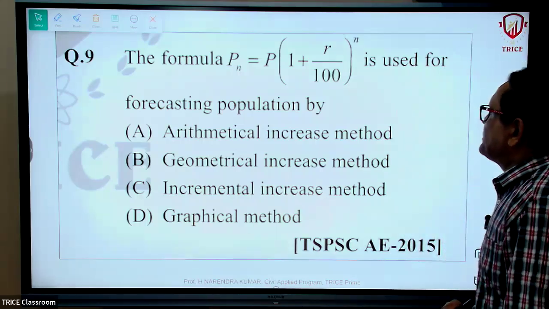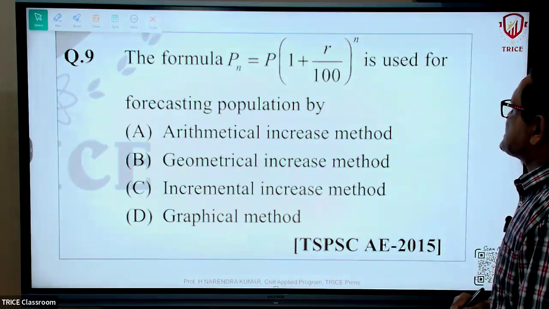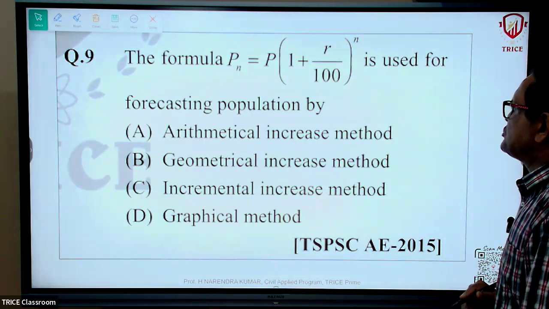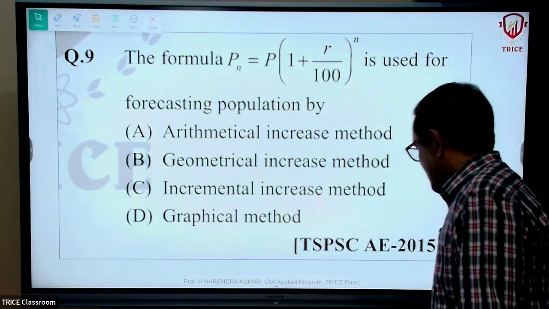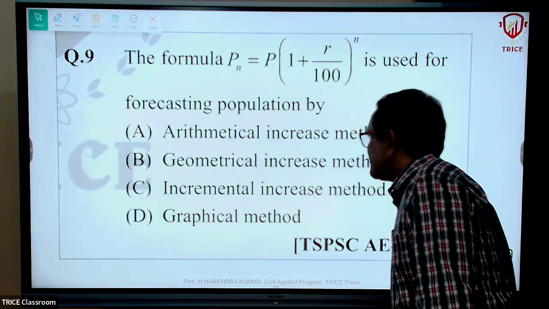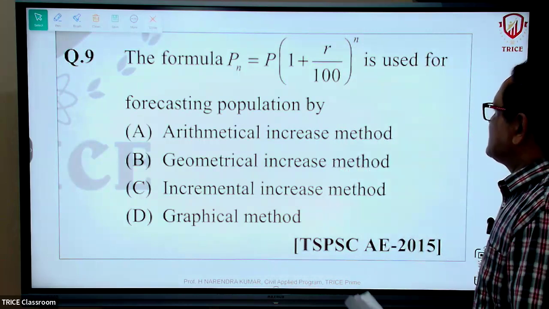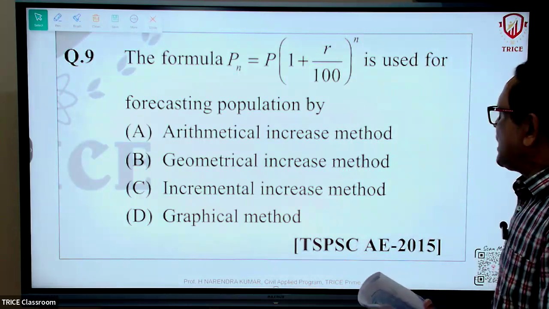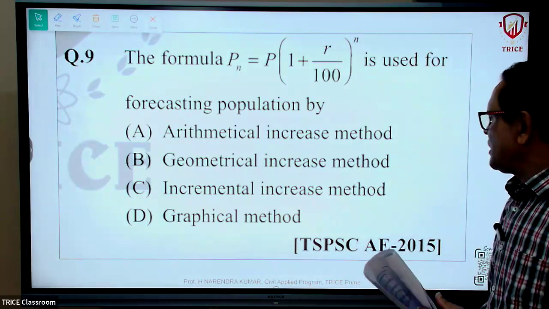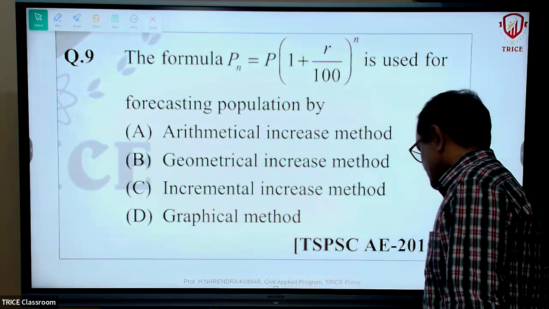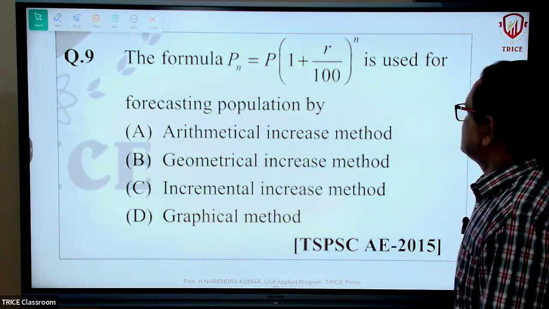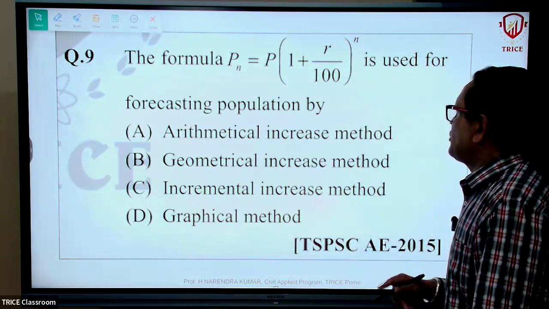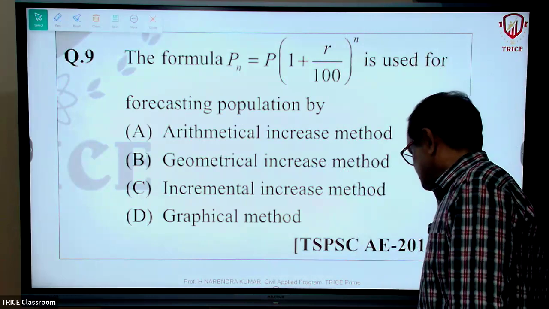Next one, the formula Pn is equal to P into (1 plus R by 100) raised to the power of n is used for forecasting population. At least give me the answer for this. Is the formula for the arithmetical increase method, geometrical increase method, incremental or graphical method? Just now we solved several problems using this formula.